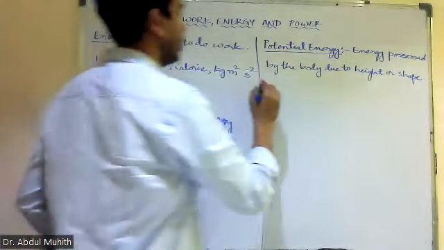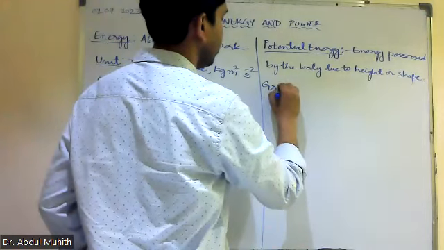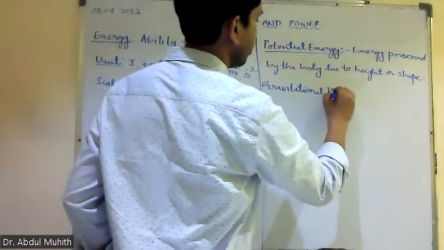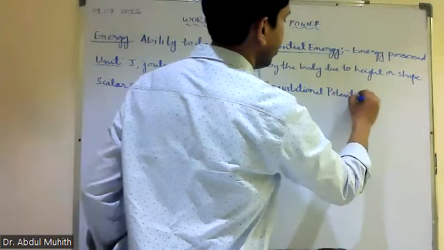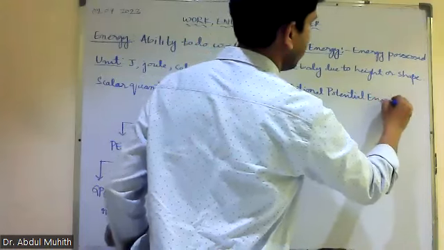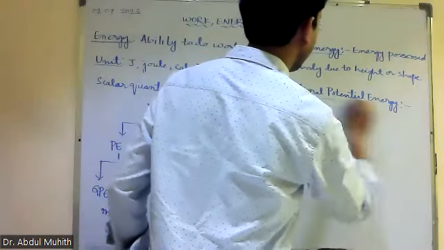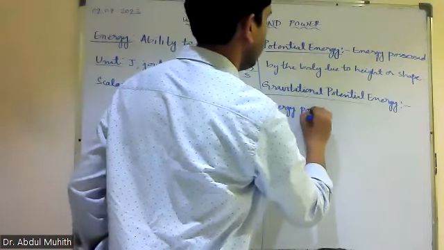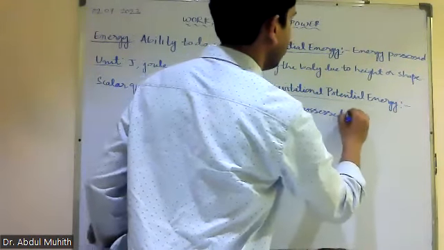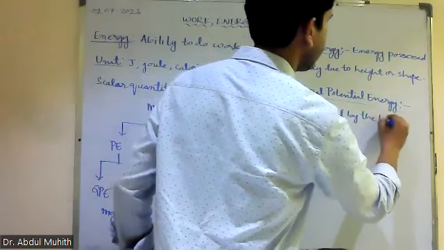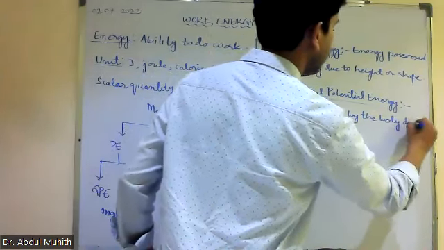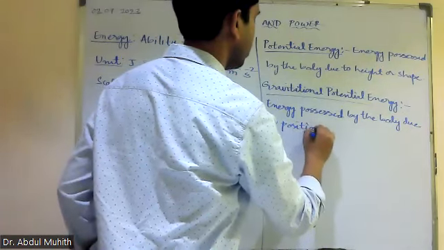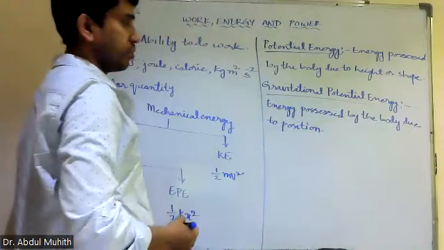So the first one is gravitational potential energy, GPE. What is this? Energy possessed by the body due to position is said to be gravitational potential energy.